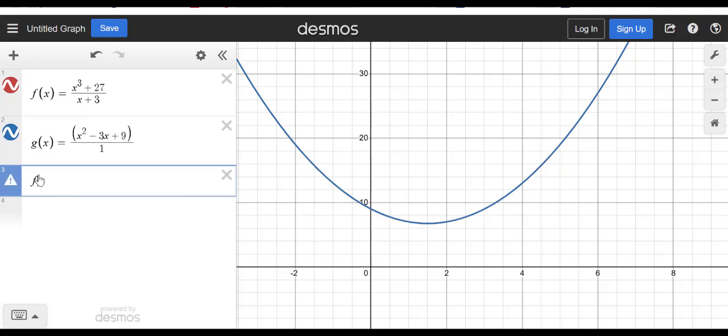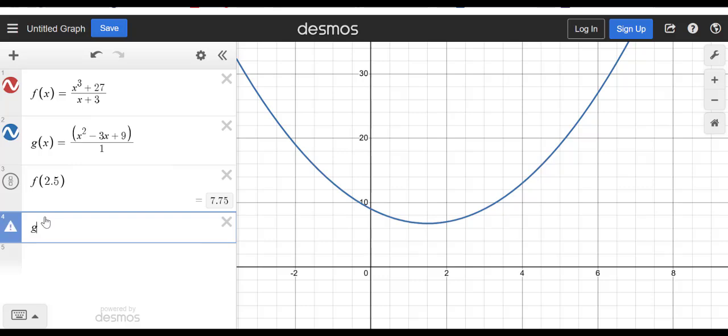Now, if we wanted to evaluate this numerically, this is also something that's kind of neat. I can type in and call out f of a particular x value. For example, I can make up an x value, 2.5. So I can say f of 2.5, is that the same as g of 2.5? So if these two functions are equivalent, numerically, they should show equivalence as well.